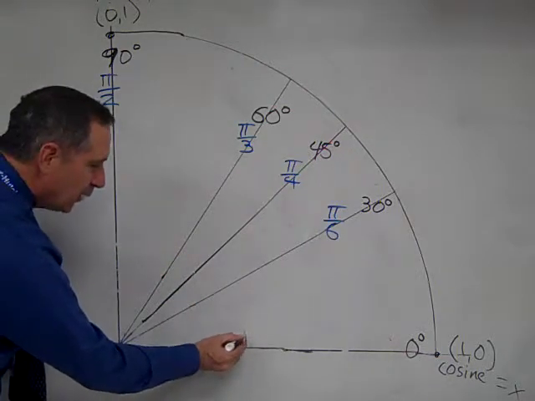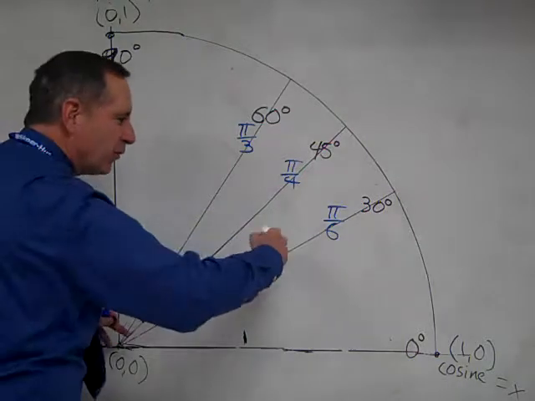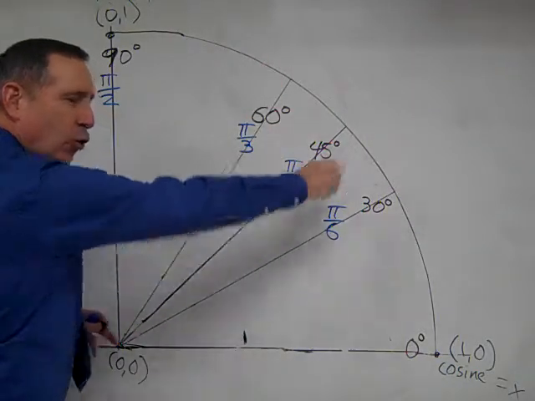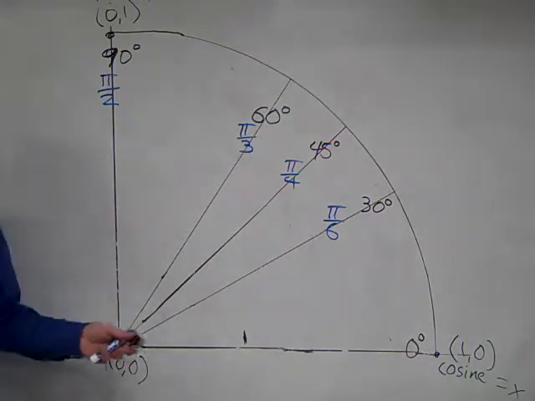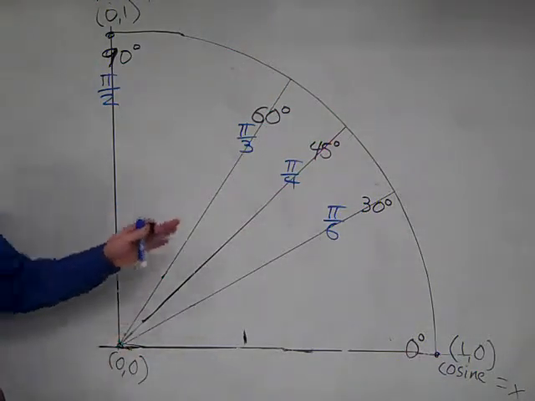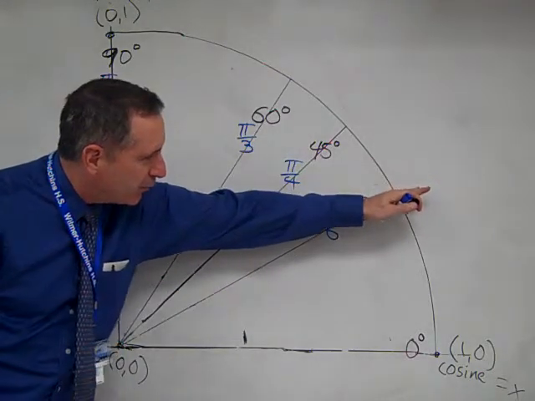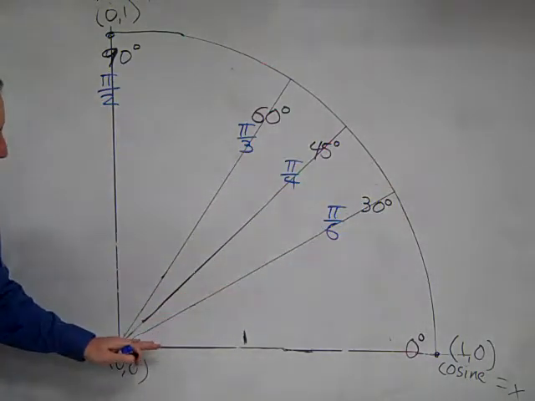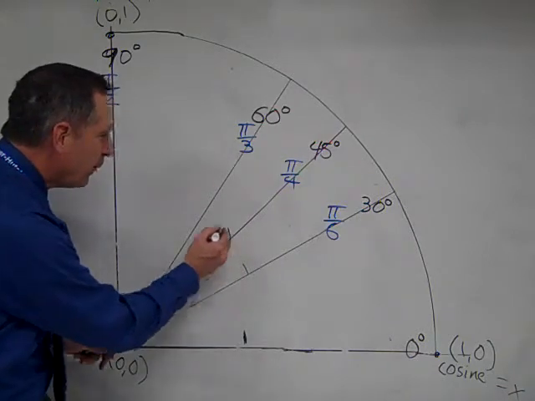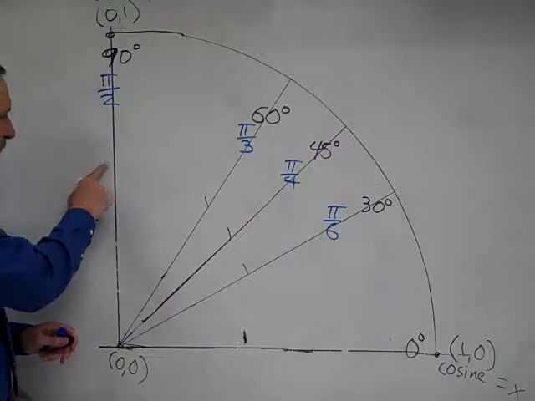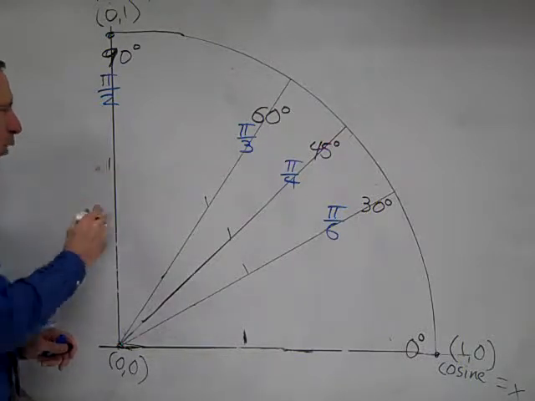And when we talk about the hypotenuse of every triangle that we're going to make out of every coordinate on the unit circle, what's going to be the distance of the hypotenuse? It's going to be 1. All these hypotenuses are 1 in length. Right, they're all 1 in length.